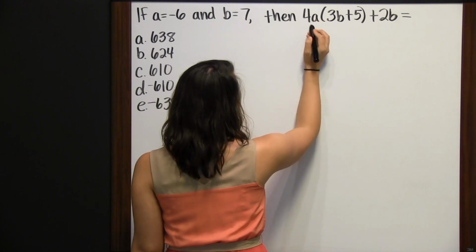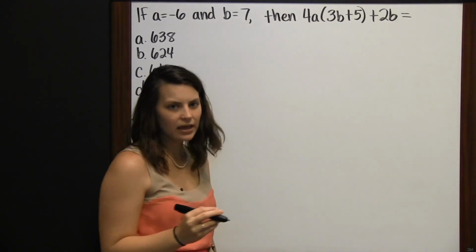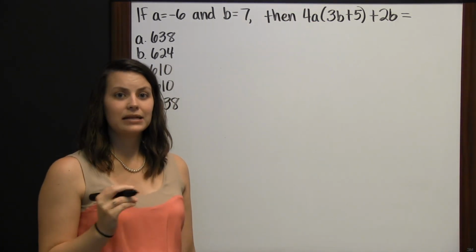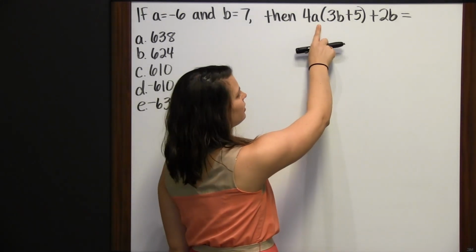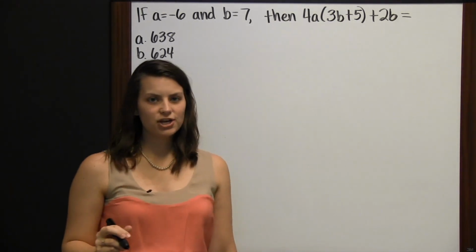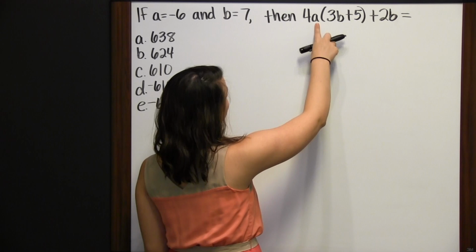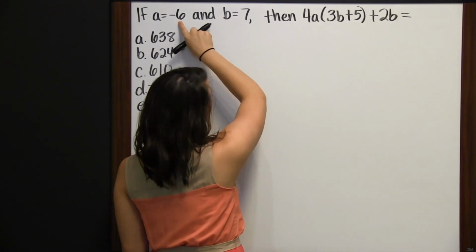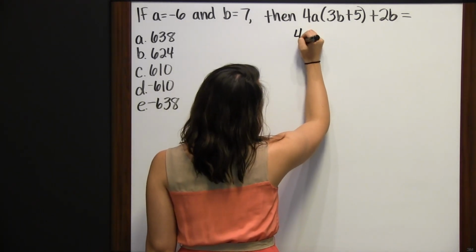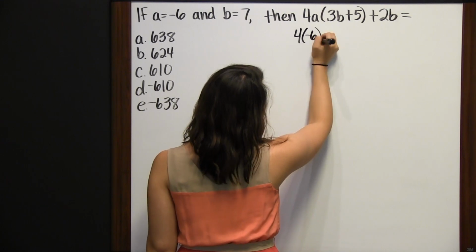So 4, this is actually 4 times A. Anytime you see a number and a letter written next to each other like this, that's multiplication. So I know that when I replace A with a -6, it's going to read 4 times -6.